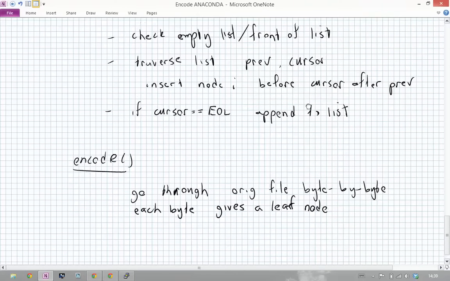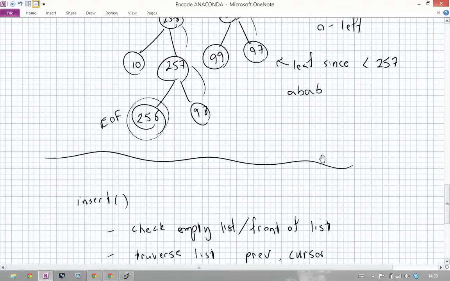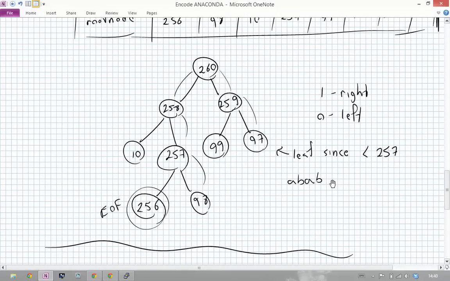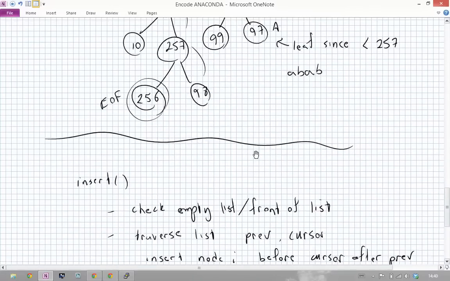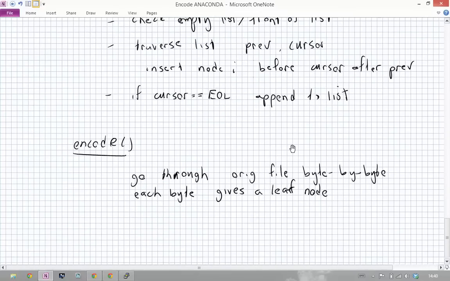So we're going through, say, the file ABC. We hit A, which we know is right here. And what we do is we follow the parent pointers up to the root node.